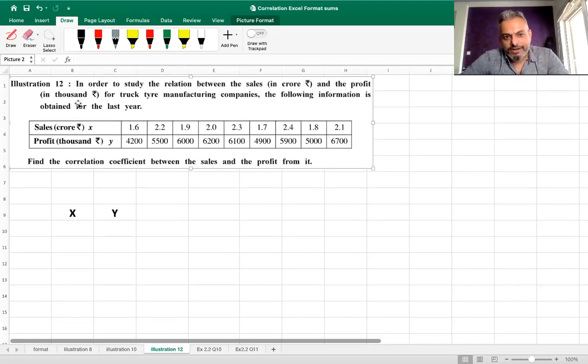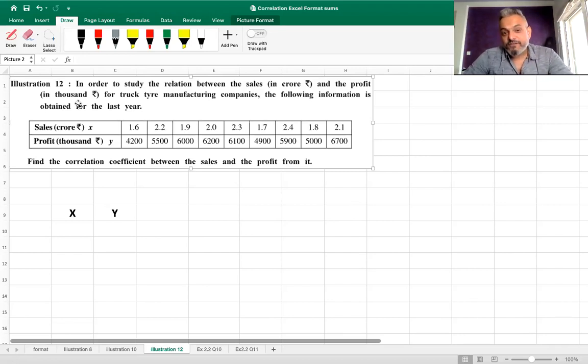In order to study the relation between the sales in crore rupees and profit in thousand rupees, we are going to study the relationship between sales and profit here. So obviously our commonsensical mind says that if sales increase, profit increases, but we need to prove what is the strength of relationship over here in this question.